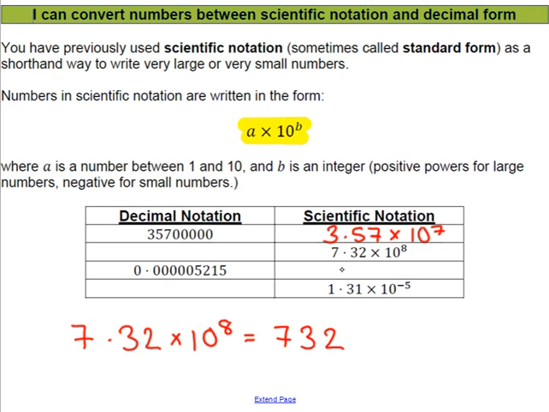In my scientific notation, the decimal point was here, and I want to move the decimal point to the end of the number just to get a normal number if I can, and I have to move it 8 times. Move it once, twice. Now I've run out of space, but I want to keep track of the jumps here. 3 times, 4 times, 5 times, 6 times, 7 times, and 8 times.